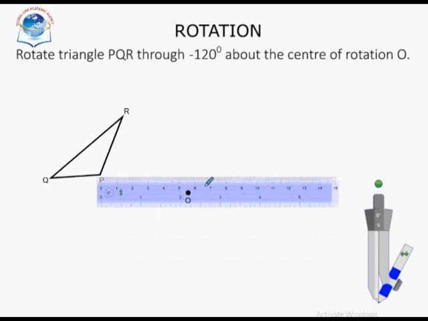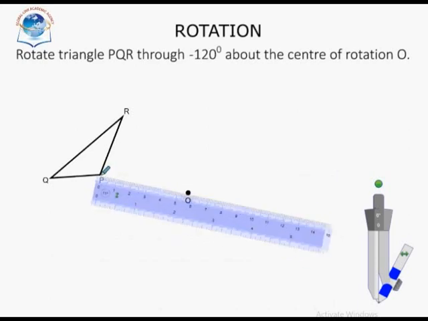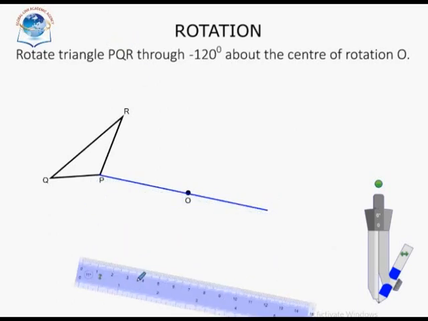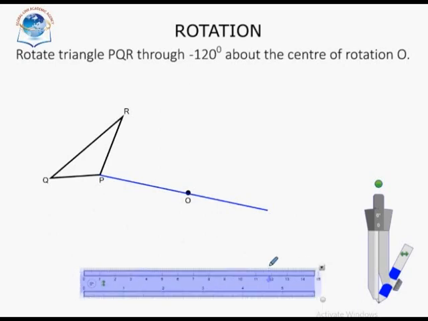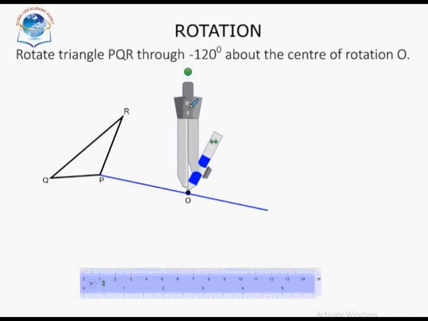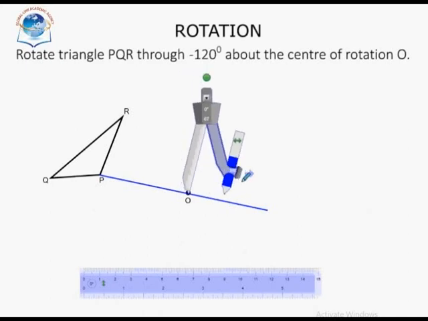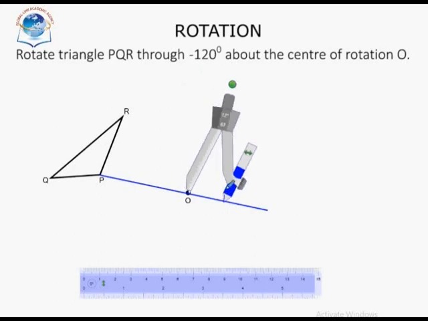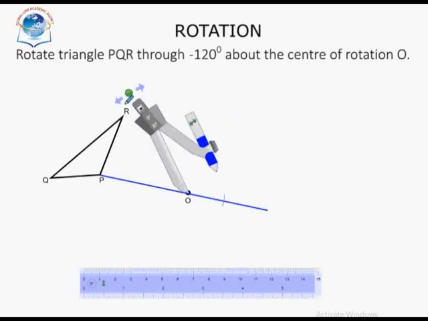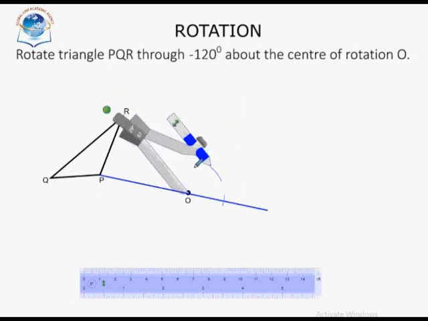We start with point P. Join P to the center of rotation, and we need to extend that line to allow us to construct an angle here. At O, we construct 60 degrees on the right side. So place the compass here, open a small distance, and mark an arc on the line, and again up here.